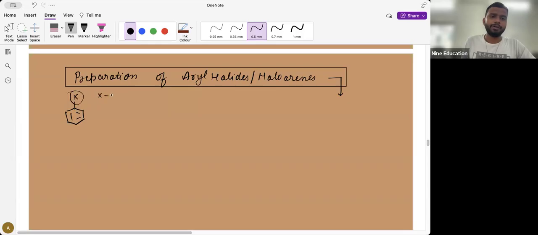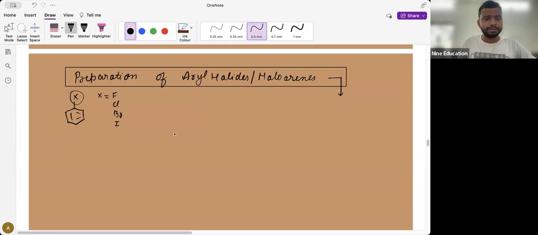X can be fluoro, chloro, bromo, or iodo. If I have fluoro, it is known as fluorobenzene. If chloro, chlorobenzene. If bromo, then bromobenzene. If iodo, then iodobenzene.